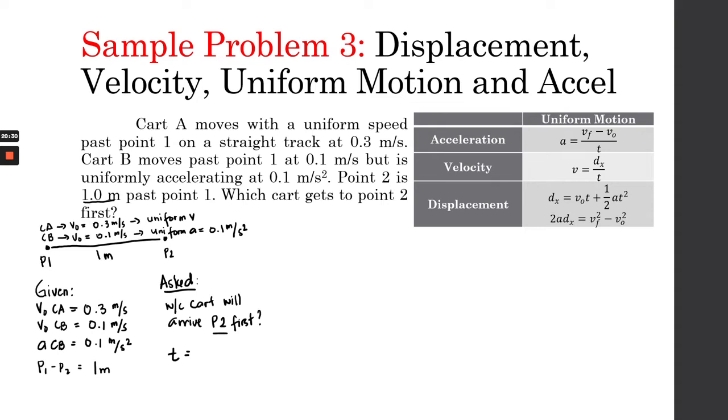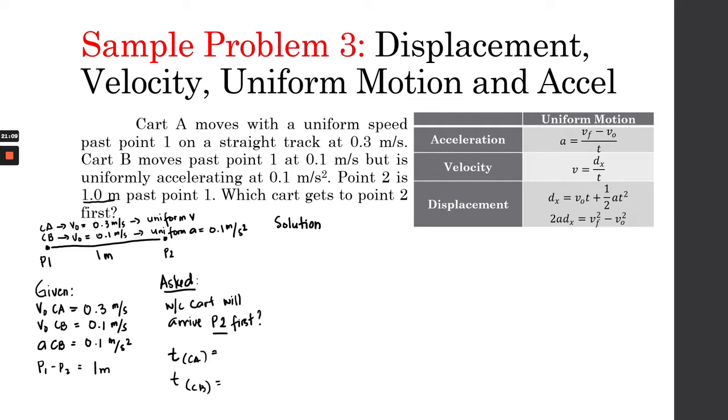The same way, how long will it take for cart B? And whichever has the lowest time means it arrived at point 2 first. So let's do our solution by solving for the time it took them to arrive from point 1 to point 2.